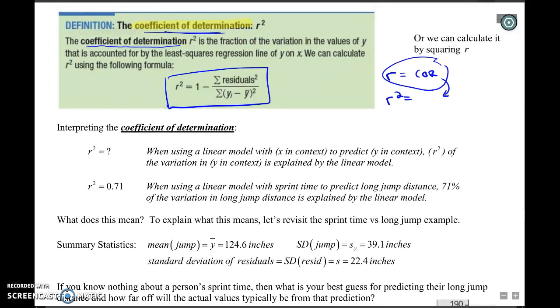And here's the interpretation of it. Basically, it is the fraction of the variation in the values of y that is accounted for by the least squares regression line of y on x. Yikes. So what does that mean? Well, in our sprint versus jump height example, there's a certain amount of variation in my jump heights. The linear model accounts for a certain percentage of that variation.